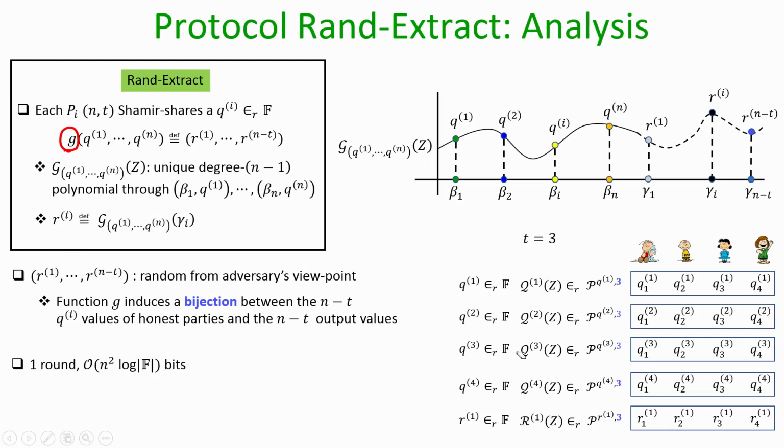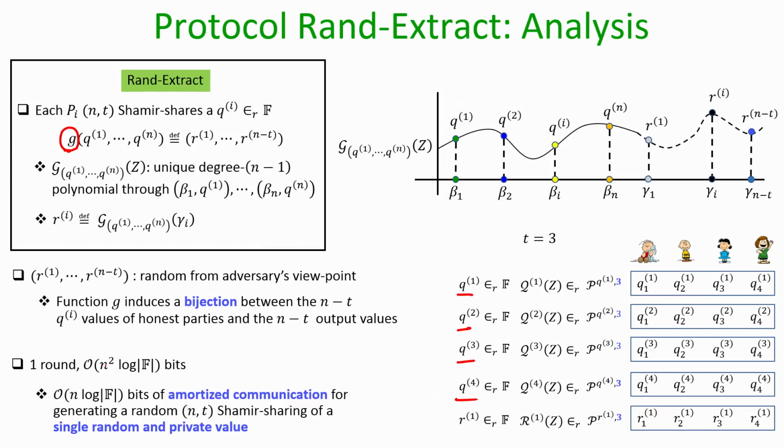How many rounds are required here? Well, in this protocol each party just has to secret share a Q value independently, that will require one round, and there are n instances of secret sharing. Each instance requires a communication of n log f bits. So, overall n square log f bits are communicated, but by communicating n square log f bits we are able to generate how many secret shared outputs?